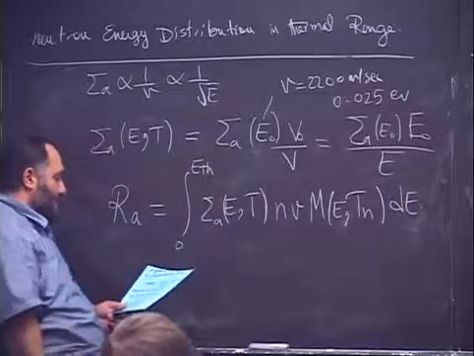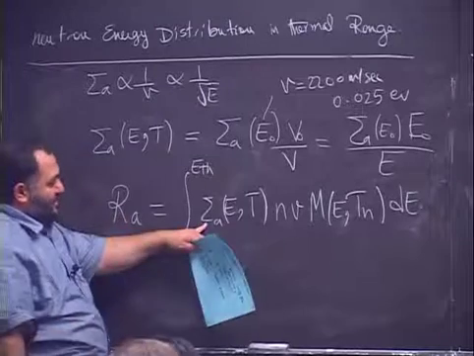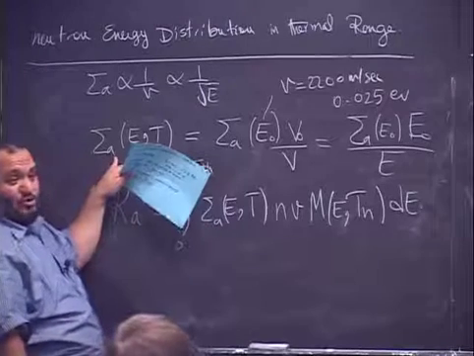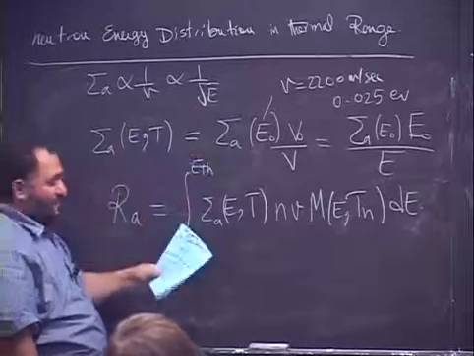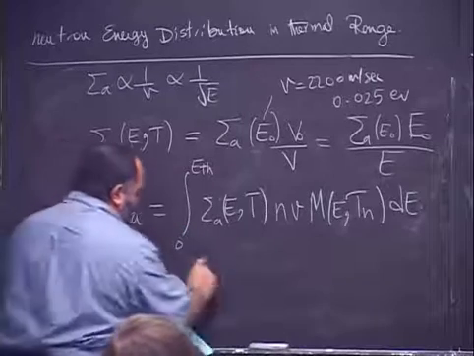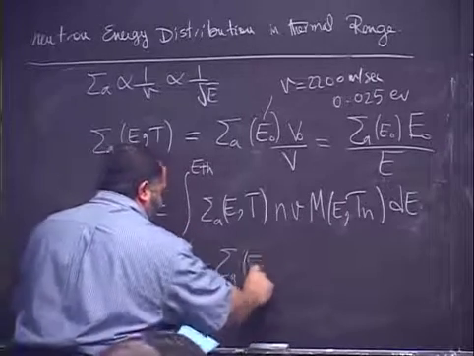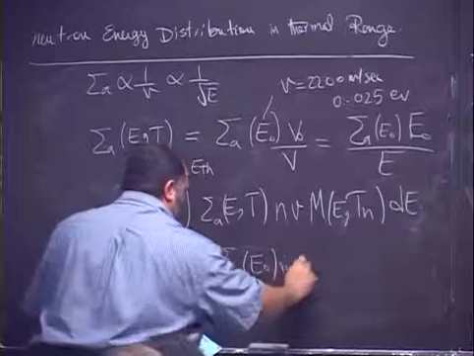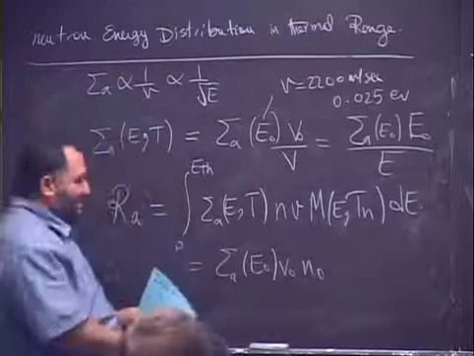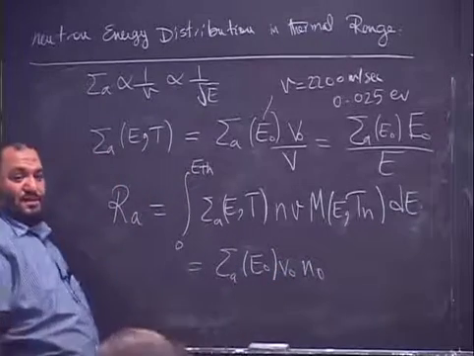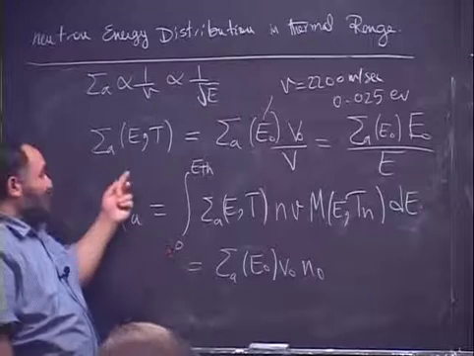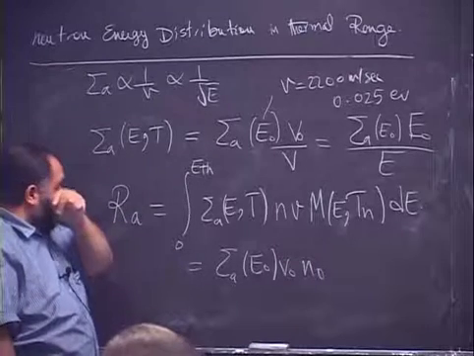Okay guys, and if your cross section is a 1 over V absorber, it will be sigma absorption at E naught, V naught, N naught. So it's very simple. If your cross section goes like 1 over V, that's it.